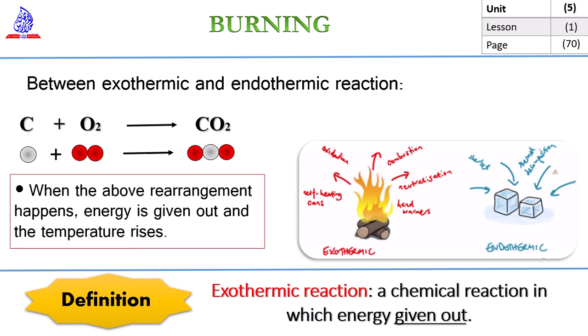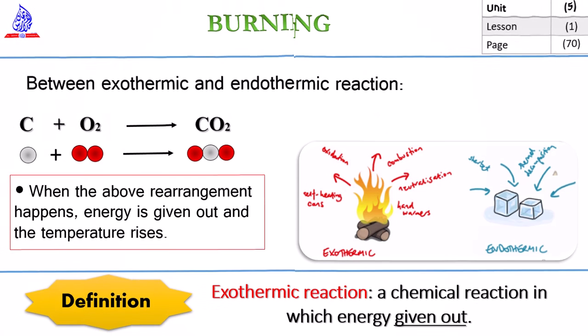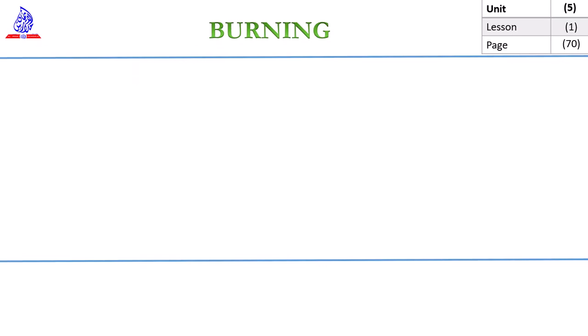In the definition, an exothermic reaction is a chemical reaction in which energy is given out. And here we have the oxidation reaction. Oxidation reaction means adding of oxygen. Look at the term oxidation: it means adding of oxygen.